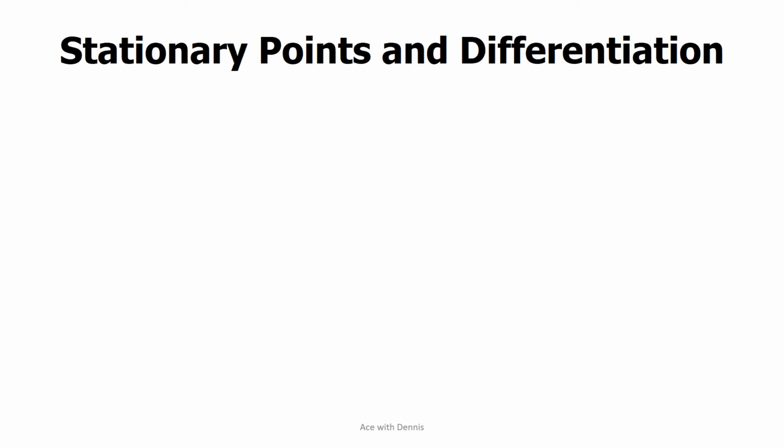The next application of differentiation that we want to learn is stationary points and differentiation. Here is the concept that you need to know. A curve changes its state of function at stationary points.